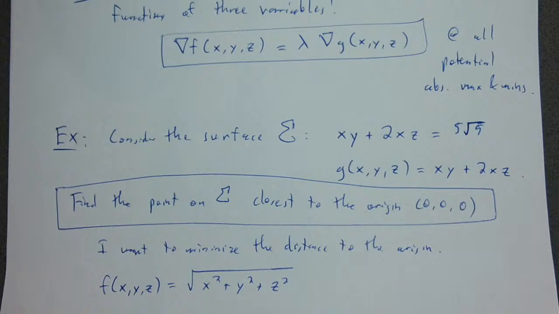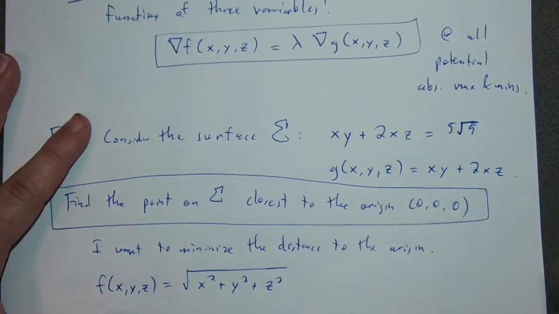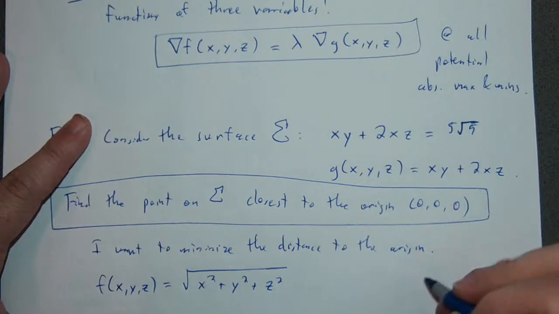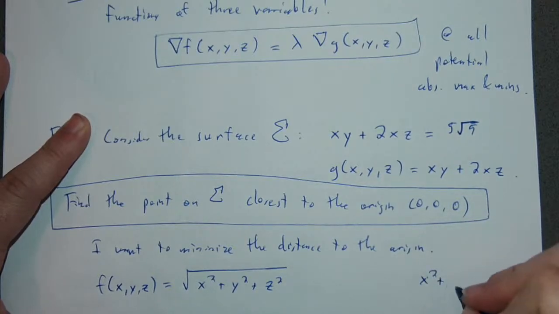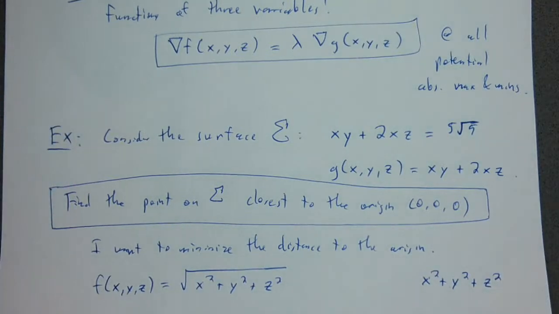You're going to end up with a radical thing in the denominator, and it's just going to be a mess. Wouldn't it be so much nicer if instead of this thing, we minimized this thing? Yeah, of course that's nicer. I don't have the radical over it. Why can I minimize this instead of this?